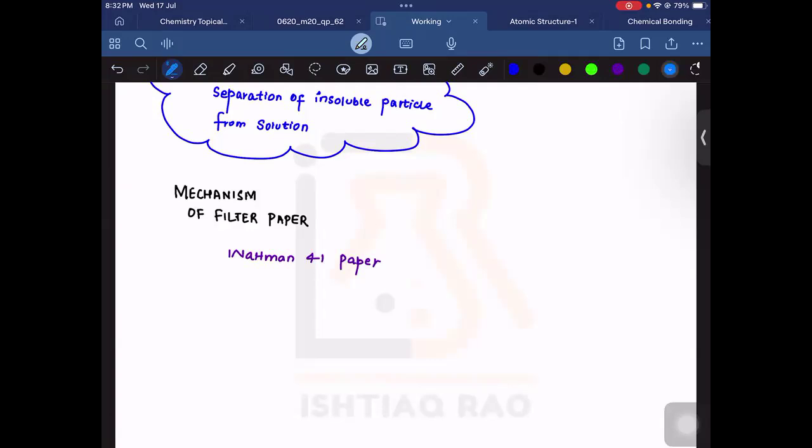This filter paper will never allow the smallest insoluble particle to pass through. Only the liquid particles can pass through the filter paper.